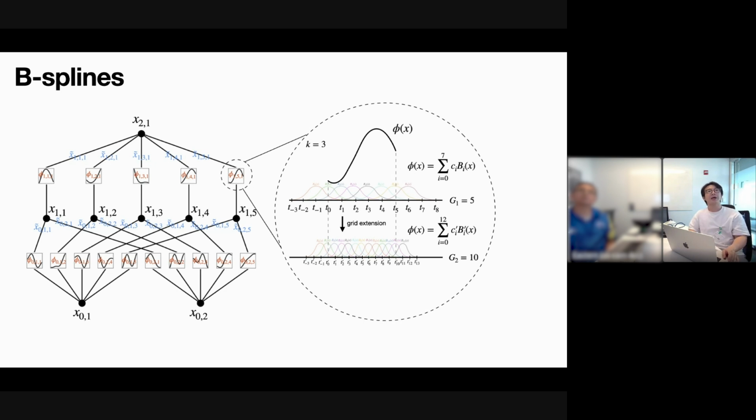Basically, we parameterize these 1D functions as splines, and for B-splines, we have this local B-spline basis. The function is basically just a linear combination of this B-spline basis and these coefficients c_i. They are the only learnable parameters.